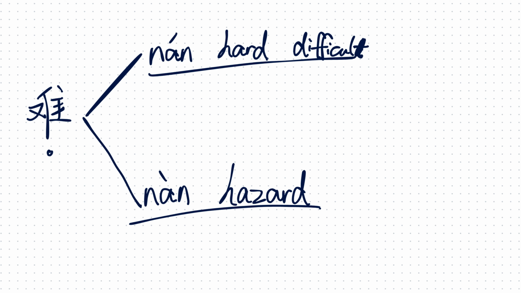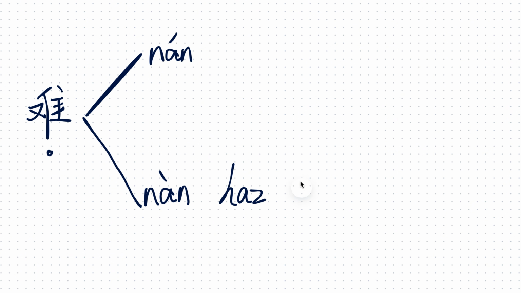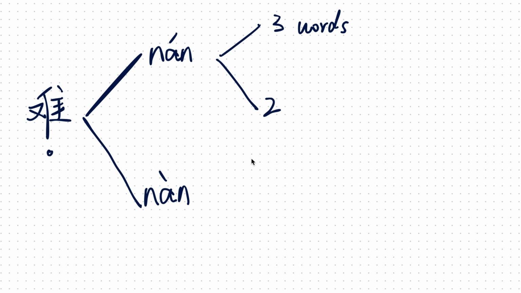Okay, now what I want you all to do is, based on those meanings, for each meaning find at least 3 words and 2 commonly seen idioms. Let me give you an example. So 3 words will be 难看.